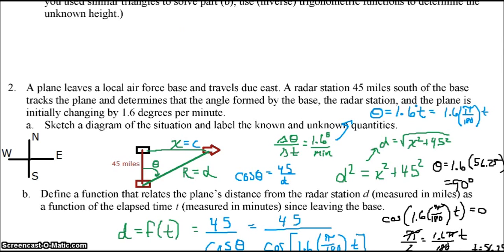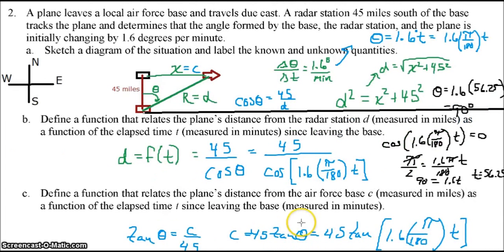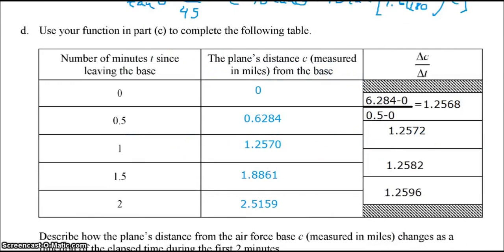So, as this distance increases, notice the angle theta keeps getting larger and larger, approaching 90 degrees. And as we approach 90 degrees, the cosine will approach 0. And that means that we'll be dividing by 0, or we'll have infinity. We're going to have a vertical asymptote at that point.